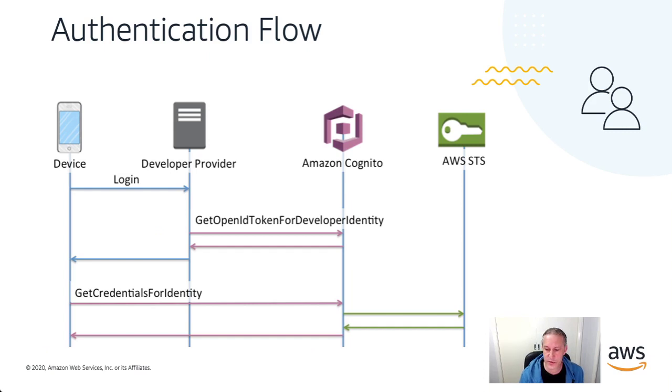So for those who don't know, the AWS STS service is part of IAM and will give you temporary credentials to access different services. In Amplify, this is likely going to be things like DynamoDB for storing data, a GraphQL or REST API endpoint, or maybe even a database, RDBMS database such as the Aurora serverless.